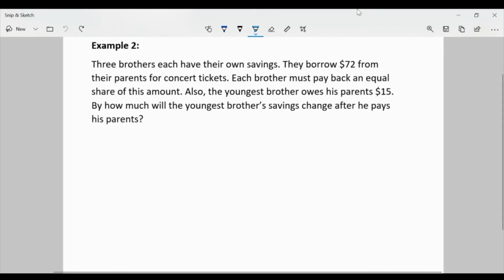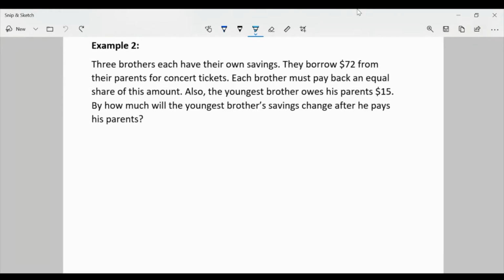All right, so let's look at example number 2 here. 3 brothers each have their own savings. They borrow $72 from their parents for concert tickets. Each brother must pay back an equal share of this amount. Also, the youngest brother owes his parents $15. By how much will the youngest brother's savings change after he pays his parents?